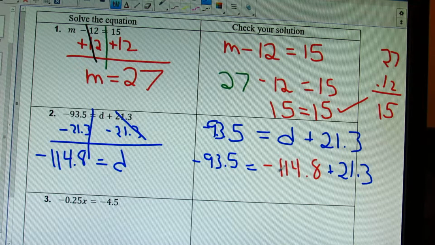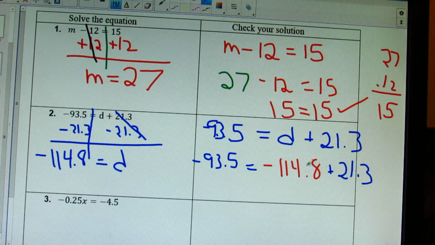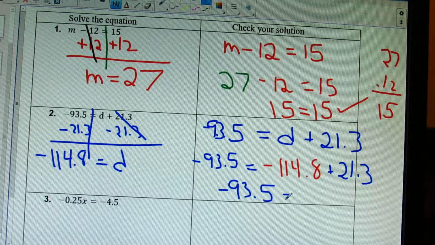And again, actually do the check. These are different signs. I would have to subtract them. Does it make sense that my answer would be 93 and 5/10? Yeah, it's going to be pretty close. And if I checked it, I would see. And again, I would double check it on the side by subtracting both of these numbers.